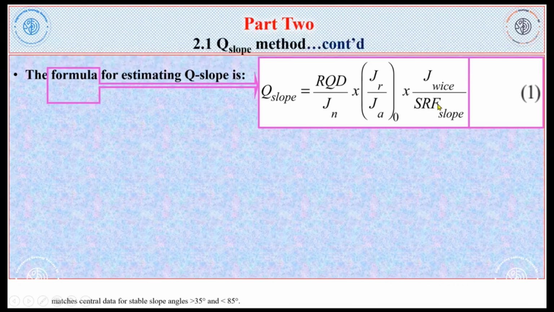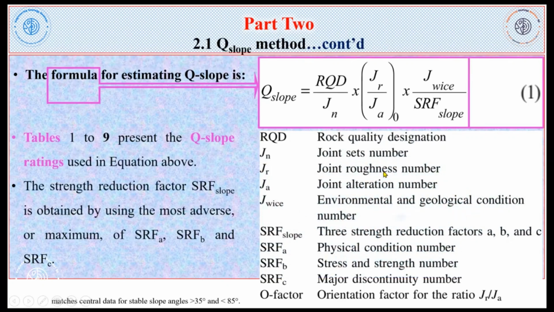Since there are 9 parameters considered in Q slope determination, there are 9 tables for each rating. While we are giving the rating for each parameter, we will utilize these 9 tables, 1 to 9, to present the Q slope rating used in the equation above.